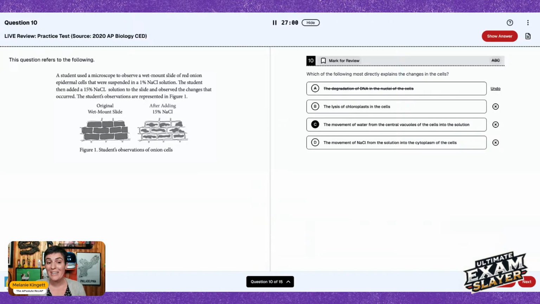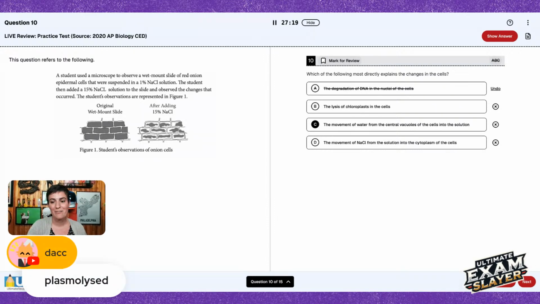That would be true if it was an animal cell, but it is not an animal cell. It is a plant cell, and so we have different terminology here. We're looking for plasmolysis or plasmolyzed as the answer. So we'll give a shout out to the one in the chat who did just get the correct answer. Well done, my friend.